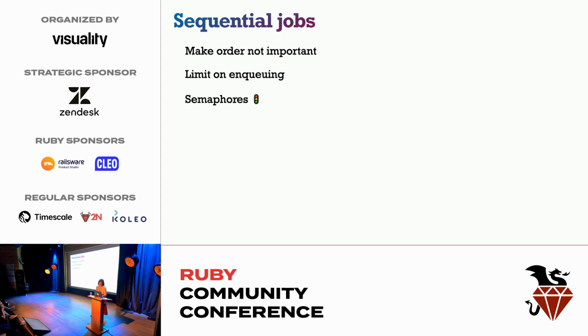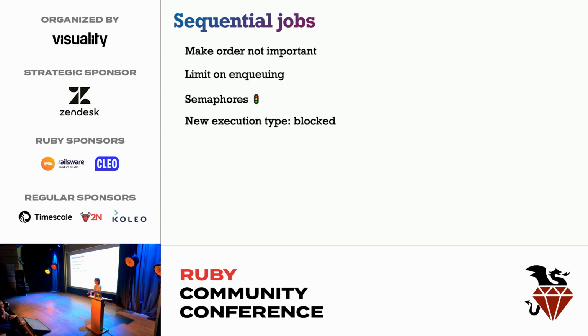So we tried that, and we are using semaphores, which we implemented in Solid Queue. It's a very simple concept. When a job that has these restrictions is going to be enqueued, we check a semaphore for that job, and if it's open, we enqueue it normally. If not, we just block it.